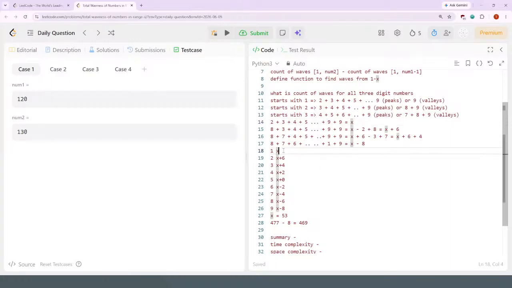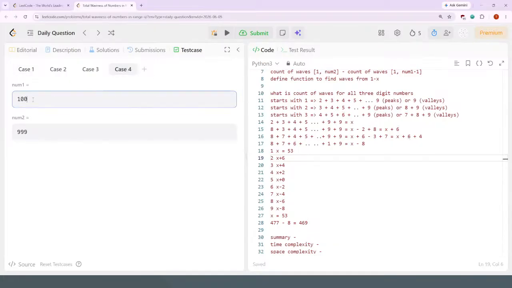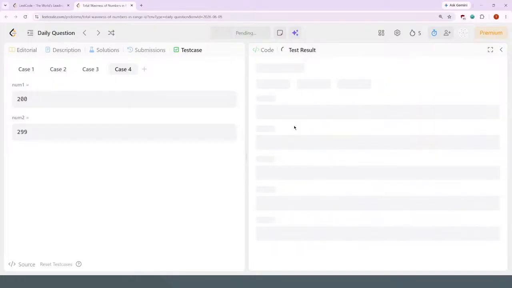Okay, so this was 53 correctly. Actually, x plus, was it supposed to be 53? I think it was 53. So this would be 59. 200 to 299 should be 59.